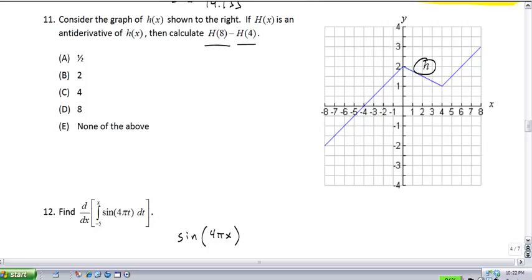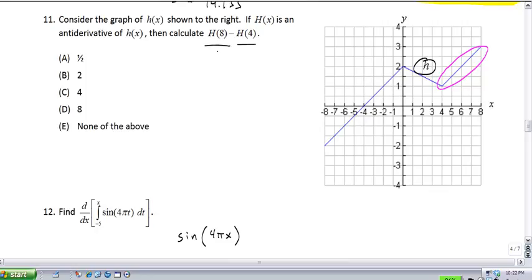Right? And maybe you're thinking, I don't know. If I know the equation of this line, I guess you could do it that way, right? If you knew the equation of that line, you could find the antiderivative. We could do that. Find the equation of that line, do the antiderivative.